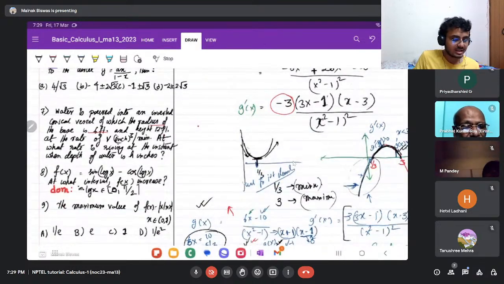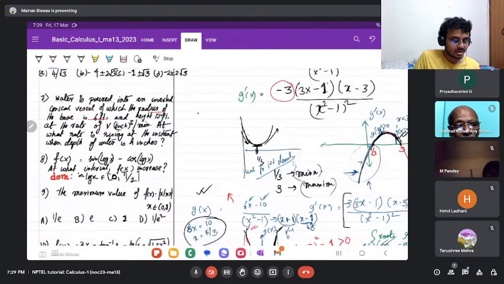At what rate is it rising? And the water is rising at V inch cube per minute. At what rate is it rising at an instant when the depth is h? So water is being poured into an inverted conical flask at the rate of V inch cube per minute.